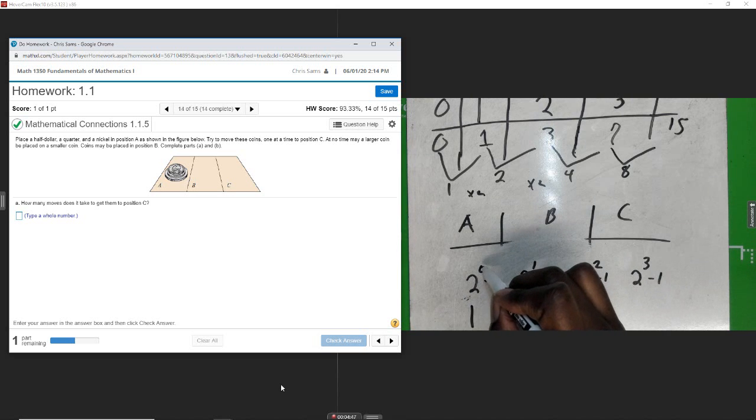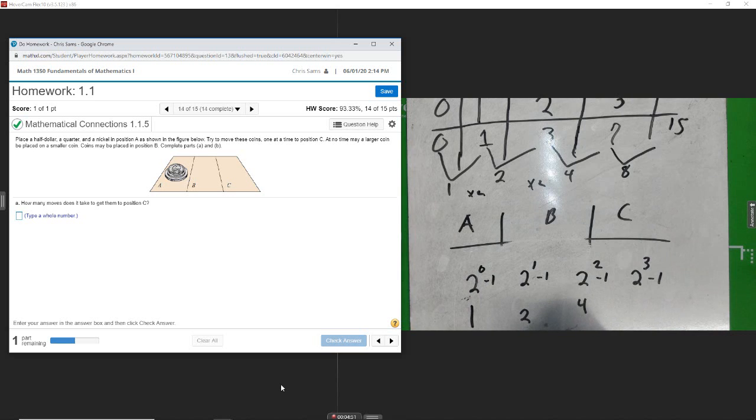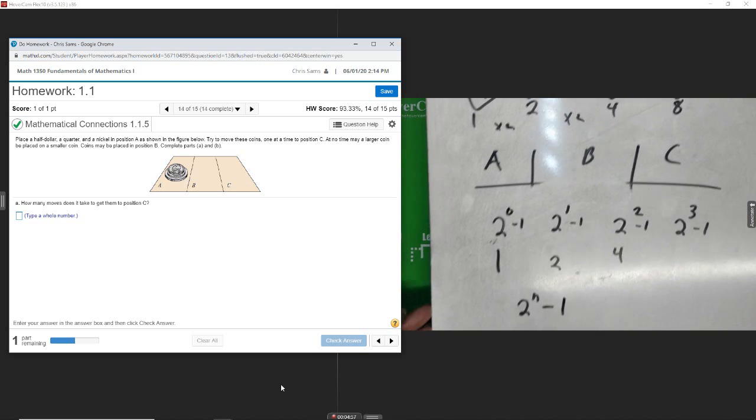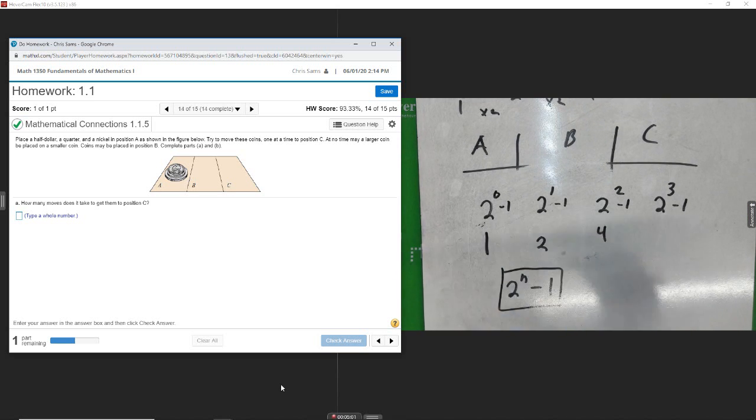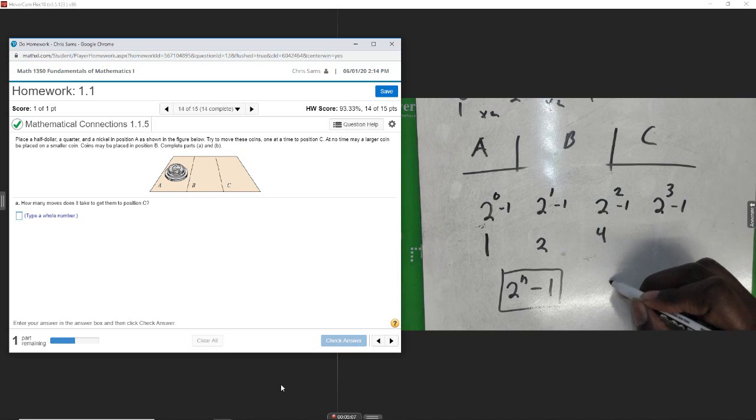So depending on how many coins I have, if I take that number and then I subtract 1 from the result, 2 to the n power minus 1, that will tell me the number of moves. This is a formula that's going to help us to solve this. So in this case, we have 2 to the third.